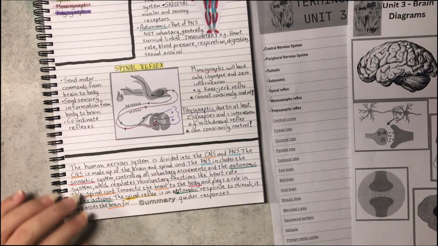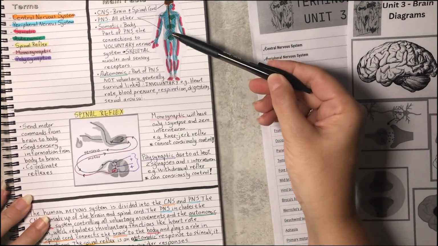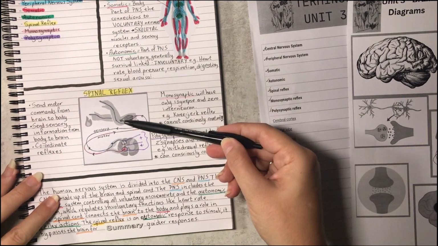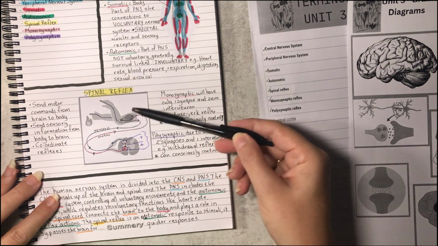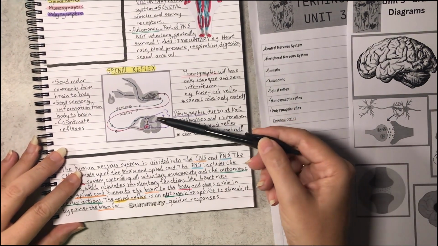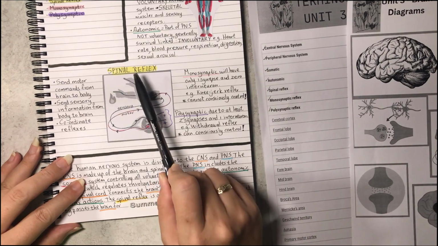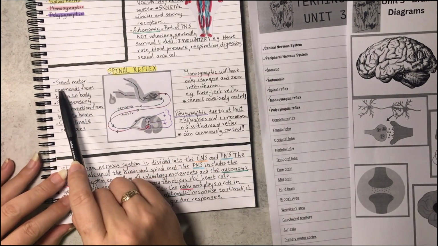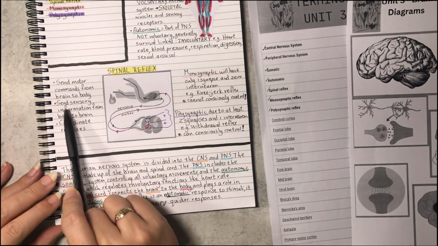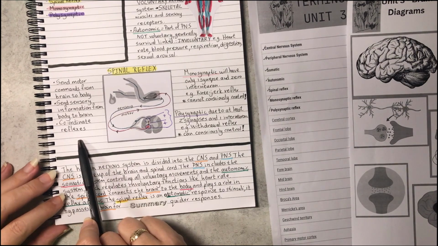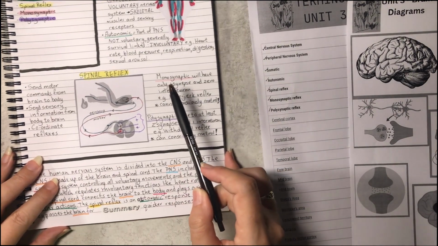That obviously is all grade 11 work. So the colors there are nice, transferable, and they will again stand out and match. So your spinal reflex, sending motor commands, sensory information. The direction is important from brain to body or from body to brain.